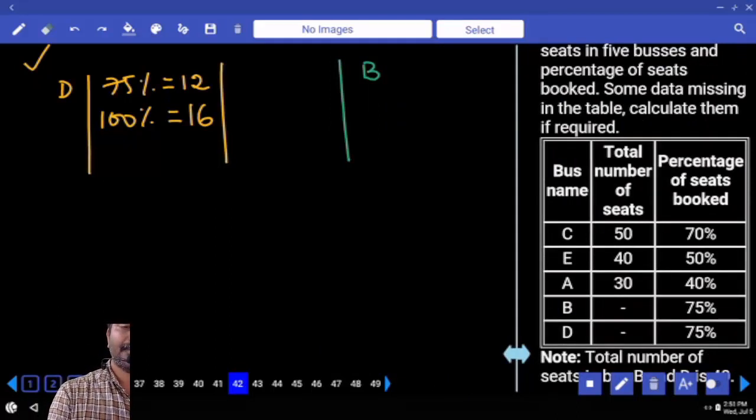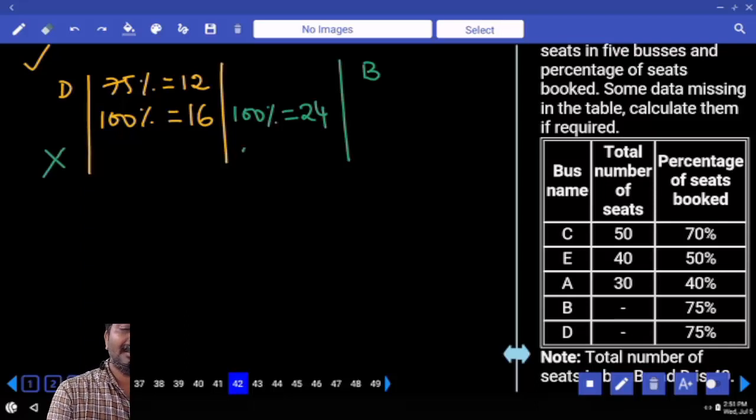What is the total number of seats in B and D together? So total 100% is equal to 40. Out of 40, 16 is already there. Then the remaining is 24. And the question is about vacant, right? So I don't want to calculate what 75% is here.